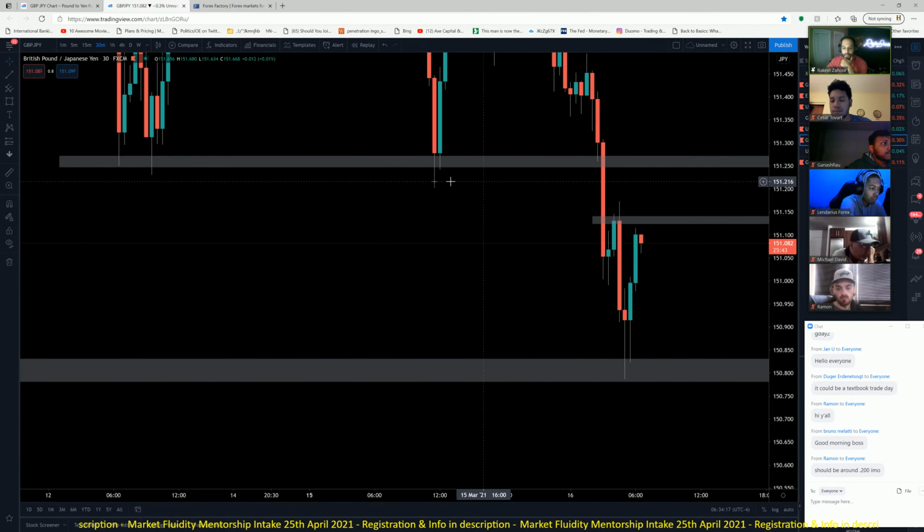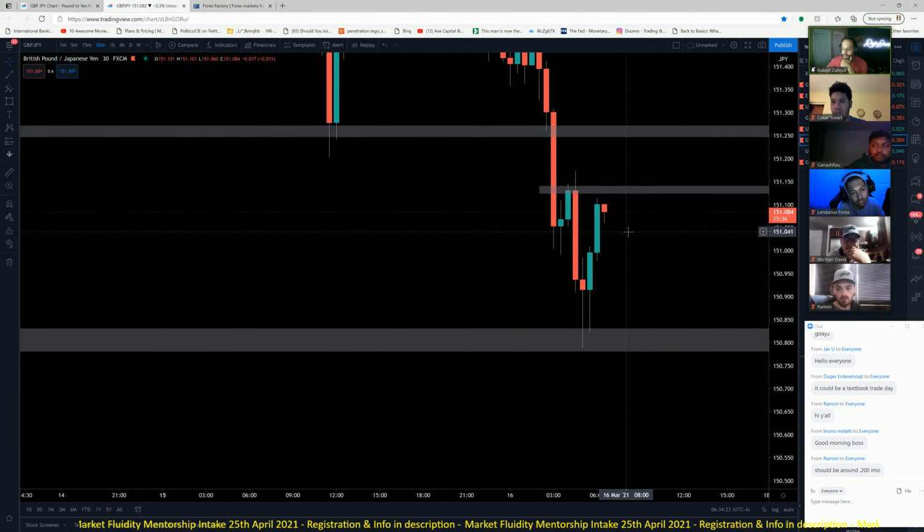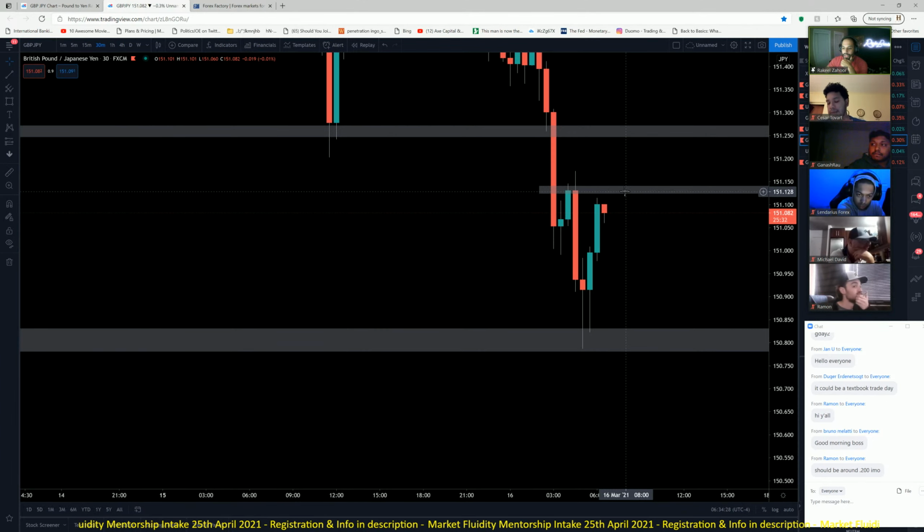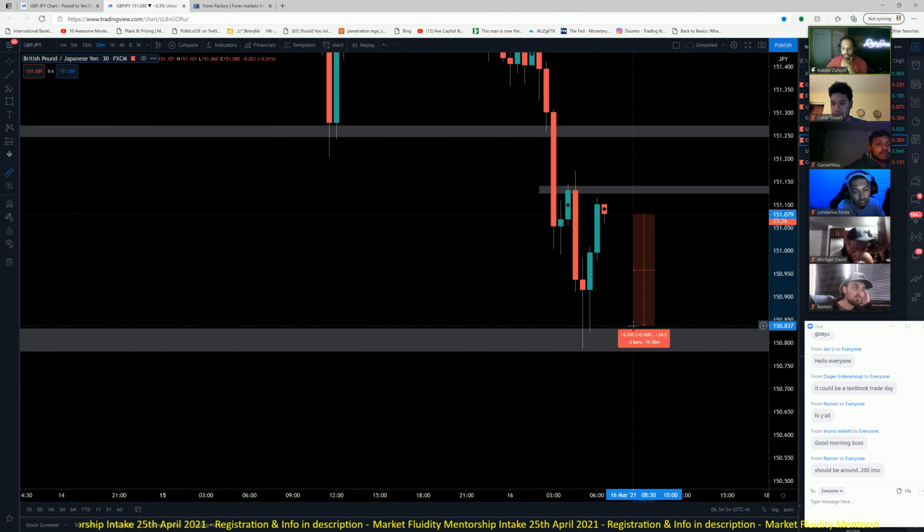At 200, that's the wick rejection, but we're looking at this support area right over here. So we'll see how price reacts to this level, 151.100, 130. And if it does create some sort of a resistance, I think then we can continue moving down to retest these lows around 151.158.50.